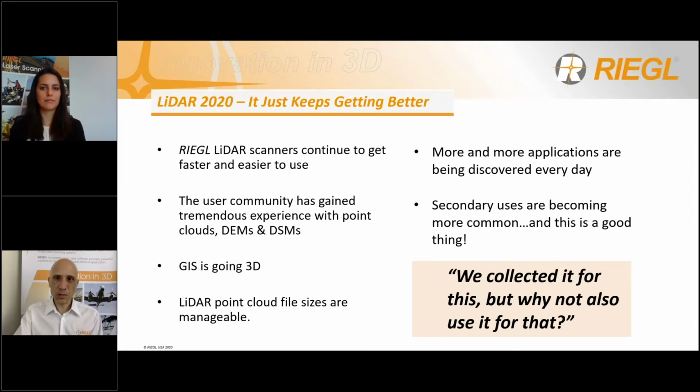But also users' expertise has increased dramatically, and geospatial data is not 2D anymore. So we are more and more 3D as well in GIS. So the applications for the use of this data is ever increasing. Someone once said that we are becoming data rich, but information poor.